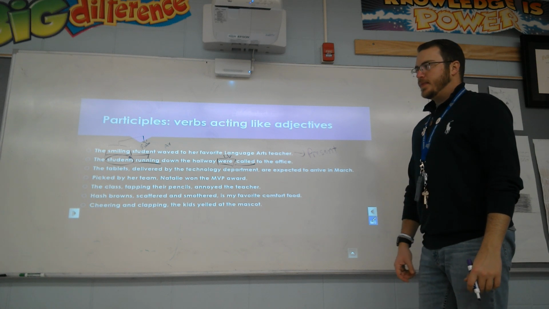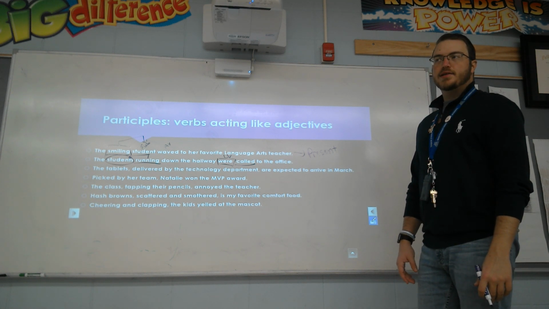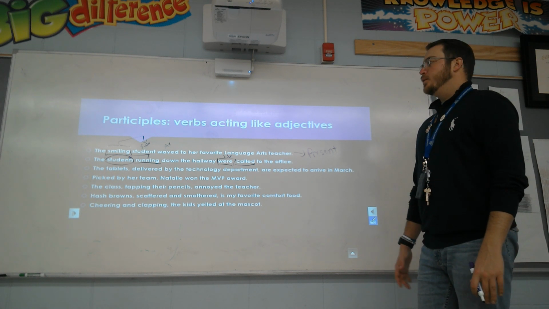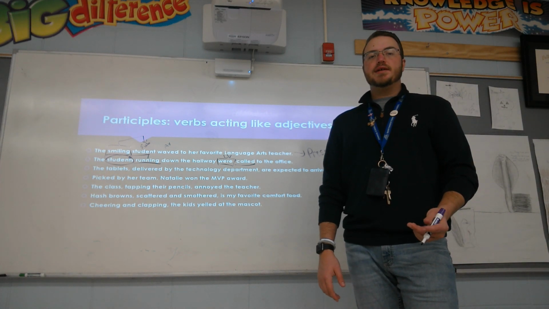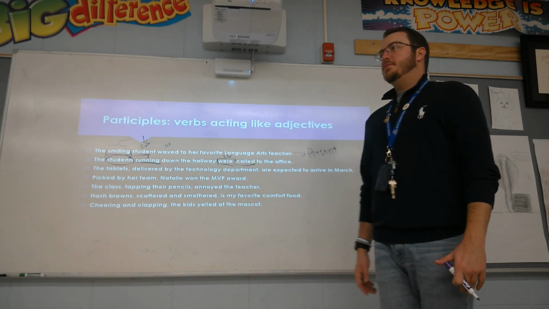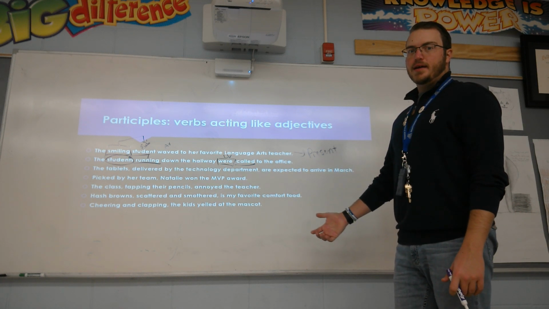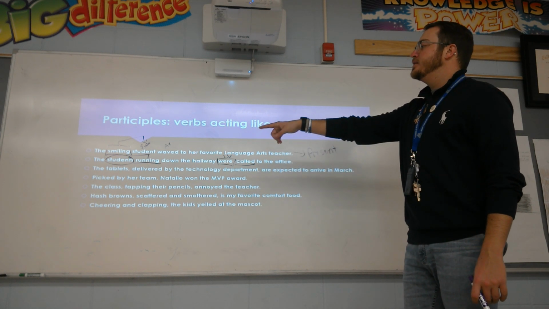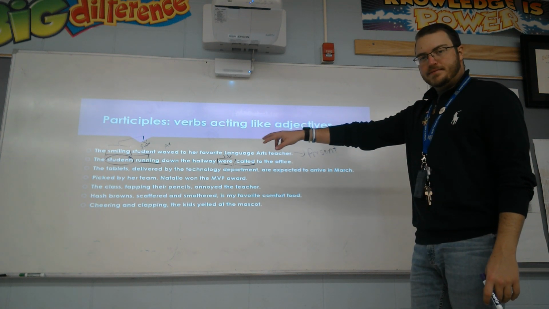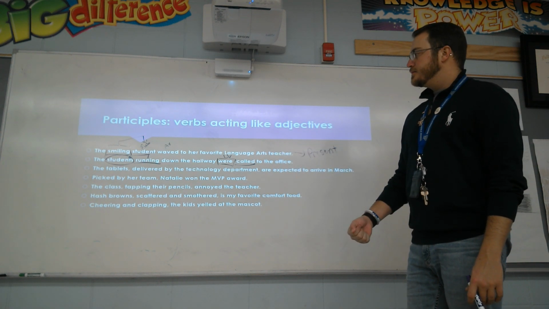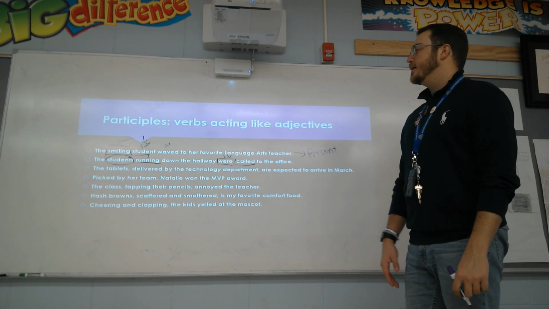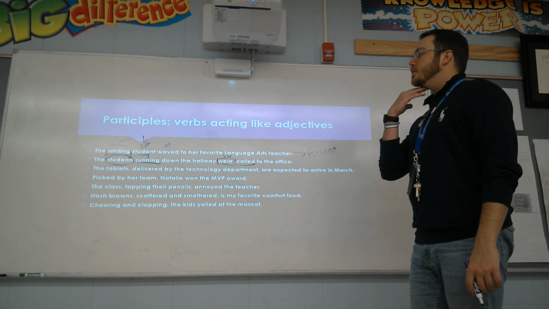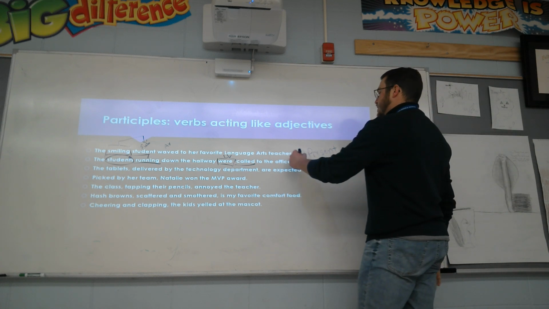We could move it and say the running students. When you can move words around in a sentence, that usually means they're modifiers. And if they're modifying something, that means they're adjectives. Since we can flip it, or take it out, that means we have ourselves a modifier. So, the students running down the hallway were called to the office. Again, another present participle.